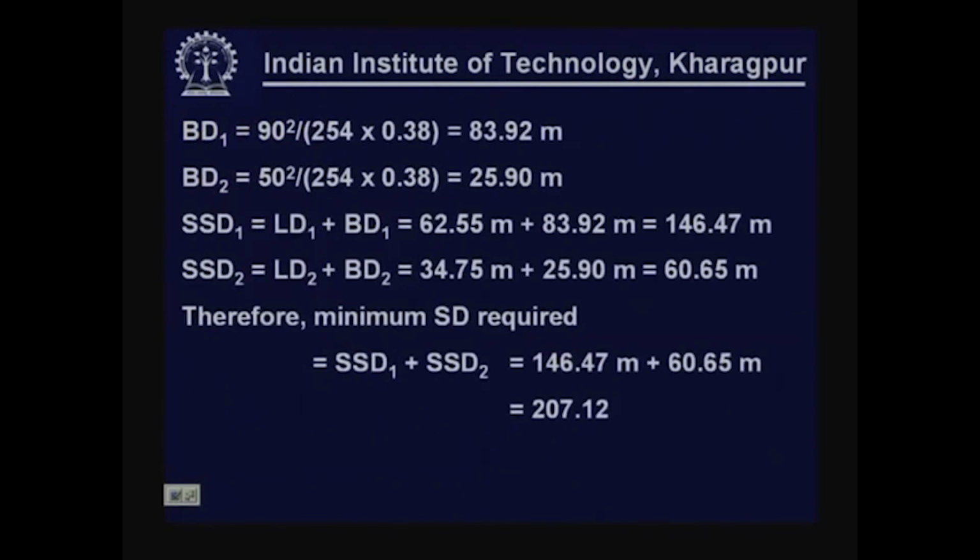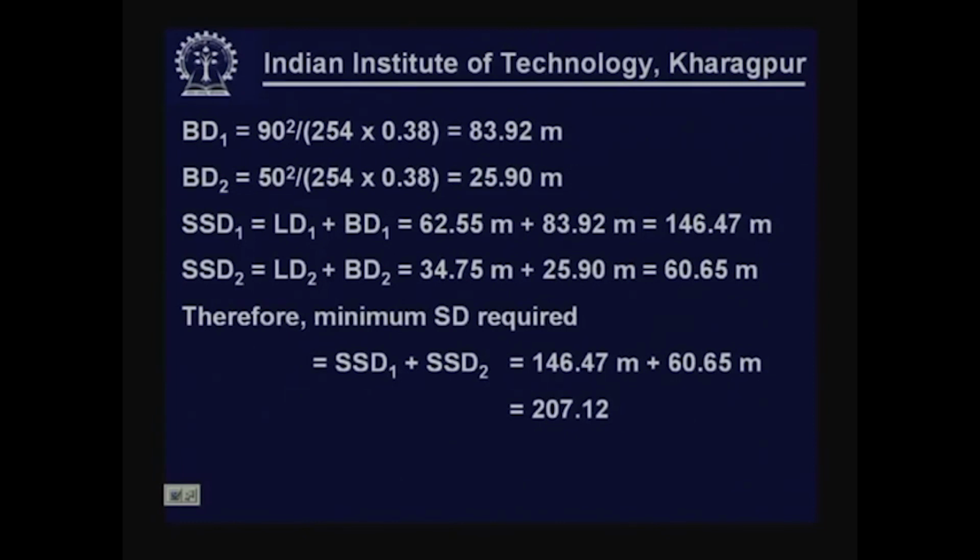Now, we shall calculate the braking distance, V square by 254 f. So, for the first vehicle it is 90 square divided by 254 into design f of 0.38. So, that is 83.92 meter. For the second vehicle it is 50 square, because 50 is the speed, divided by 254 into f, the design value of f is 0.38.